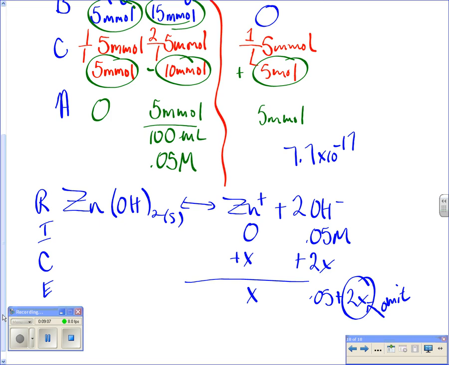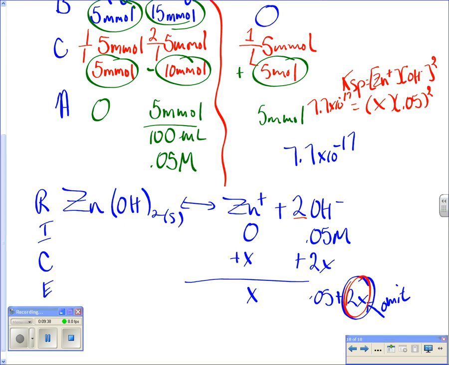So let's write our equilibrium expression. It's just going to be that our KSP is equal to our zinc times our hydroxide squared, because of that 2 in front. So now I'm going to plug in, well, zinc is x, OH is this 0.05, but we are omitting this plus 2x, so it's just 0.05 squared, and our KSP, 7.7 times 10 to the minus 17.